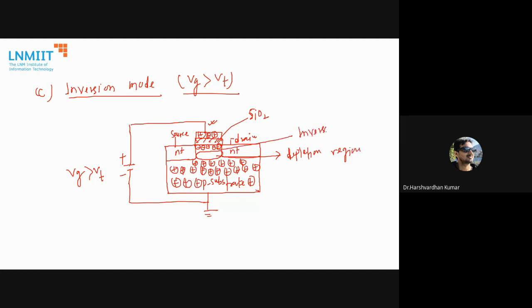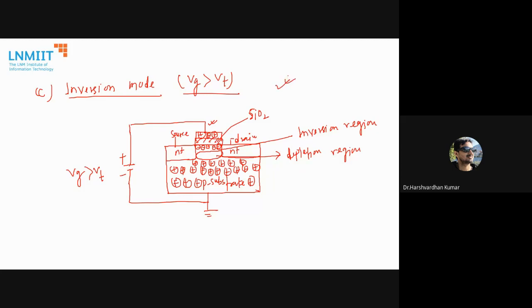In inversion, there exists a negatively charged inversion layer at the metal oxide and semiconductor interface in addition to the depletion layer. This inversion layer is due to the minority carriers attracted to the interface by the positive gate voltage, right? Are you understanding the inversion mode?